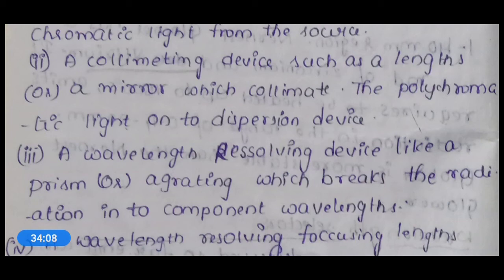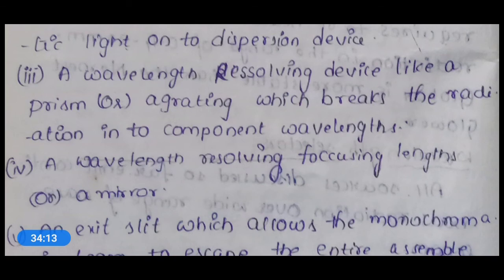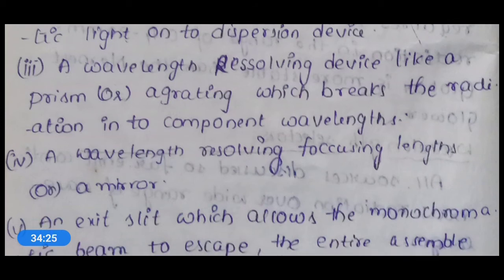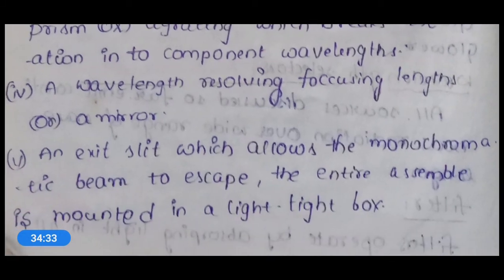And the fourth component of this monochromator is a focusing lens or a mirror. The radiations, based on their wavelength, will fall on the mirror. And finally, an exit slit allows the monochromatic beam to escape. The entire assembly is mounted in a light tight box.